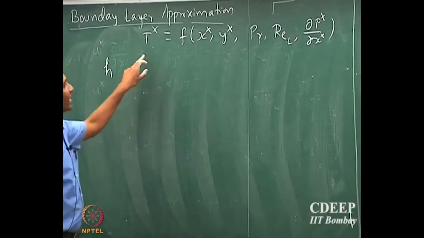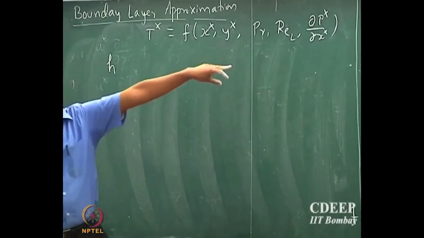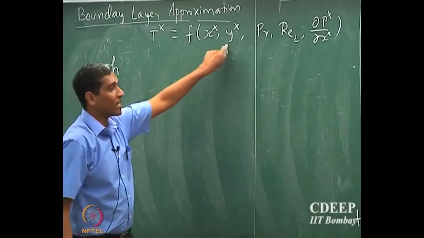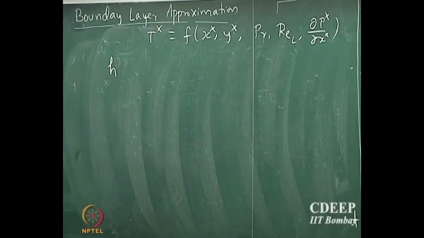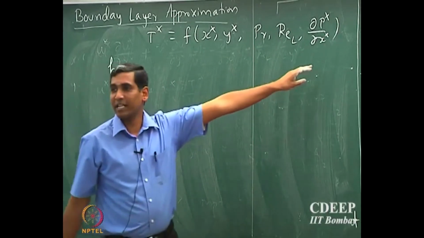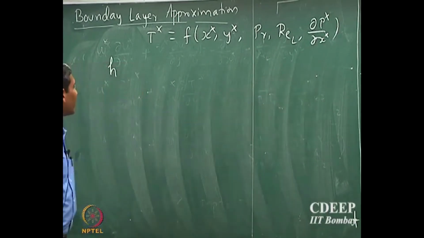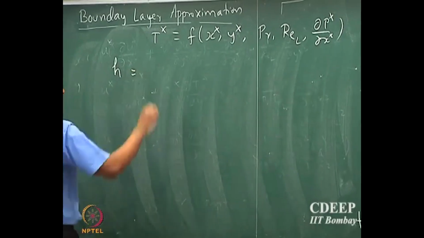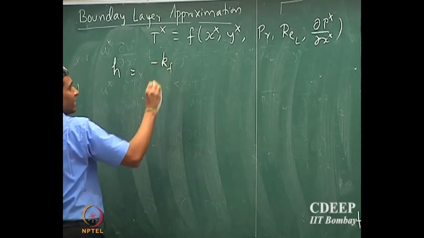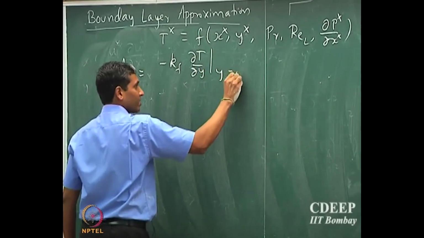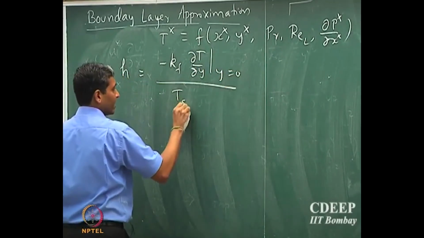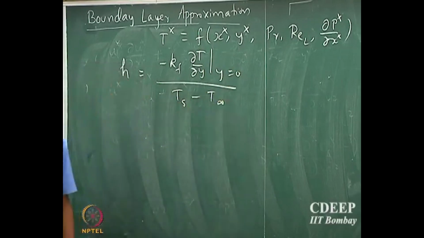Okay. So therefore T star is now a function of all these 5 quantities: x star, y star, which are the dimensions, Prandtl and Reynolds number, which appears as a scaling in the diffusion term, and dp star by dx star, which is the pressure gradient. Okay. So heat transport coefficient is defined as minus kf dT by dy divided by Ts minus T infinity.